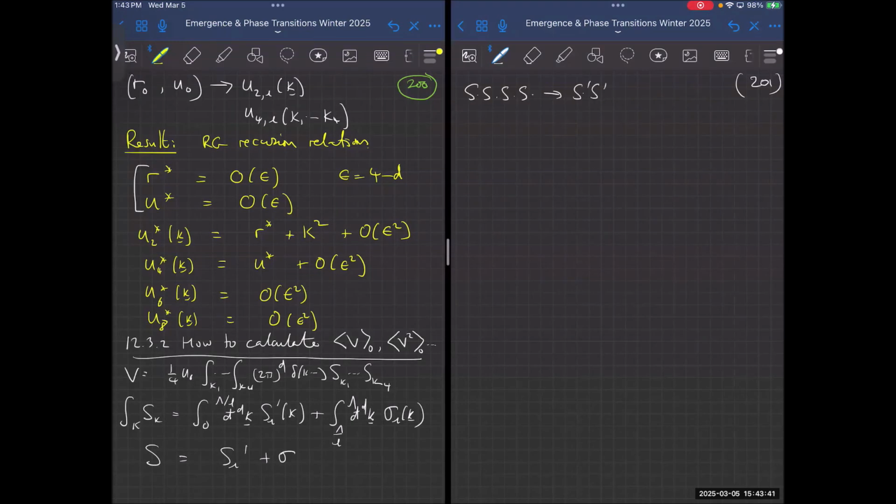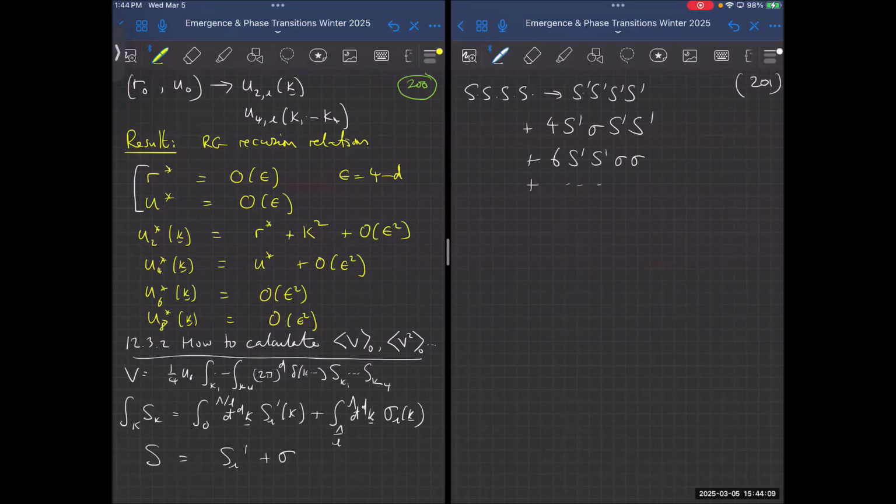There's S prime, S prime, S prime, S prime. That's obvious. Then there's a term for S prime, sigma, S prime, S prime. There's a term with 6, S prime, S prime, sigma, sigma, and so on and so forth, just doing the binomial expansion. And remember, the sigmas and the S's have different regions of integration.